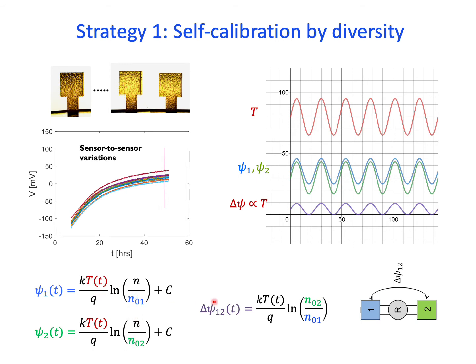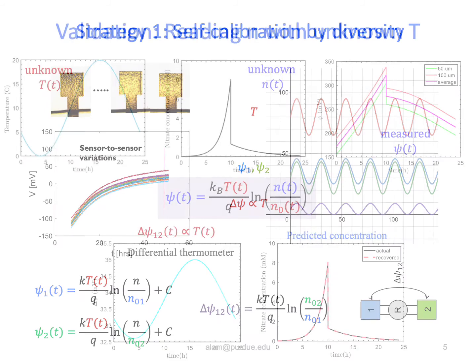But the interesting thing is that if you take their difference and make a differential measurement, then it is possible to calculate the temperature T. As you can see from here, psi 1 and psi 2 are the two measured values, but the delta psi acts like a thermometer, which perfectly replicates the ambient temperature.